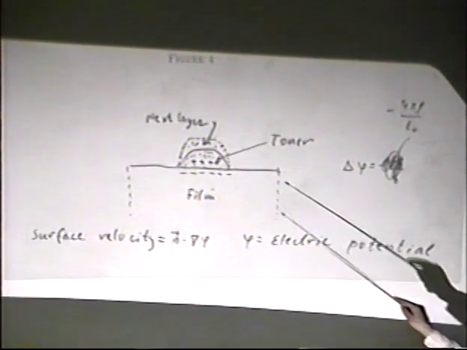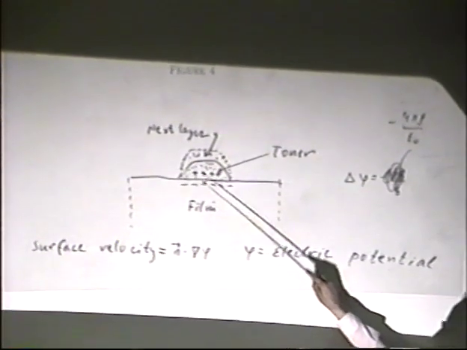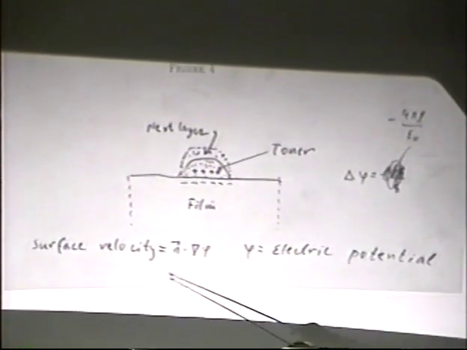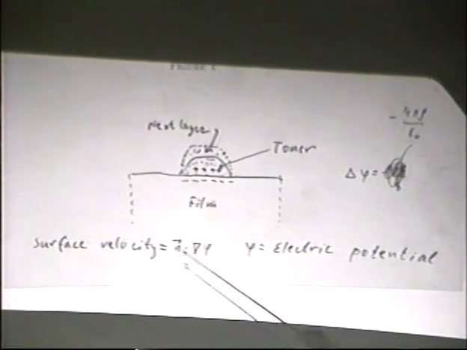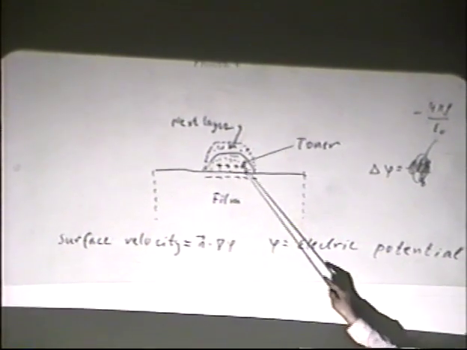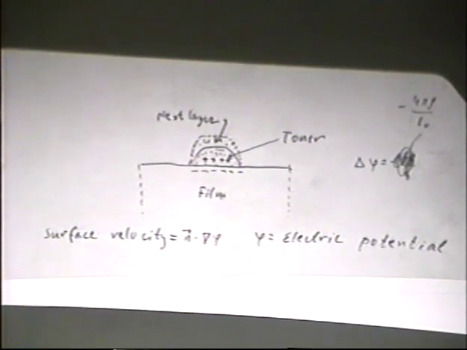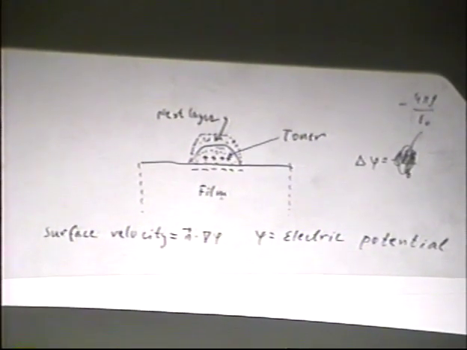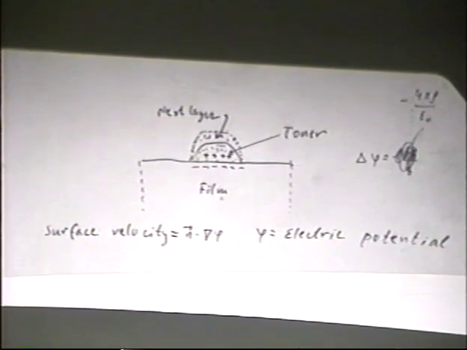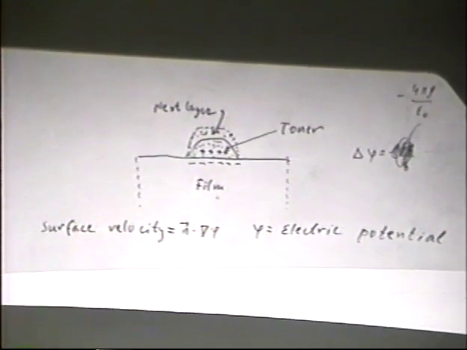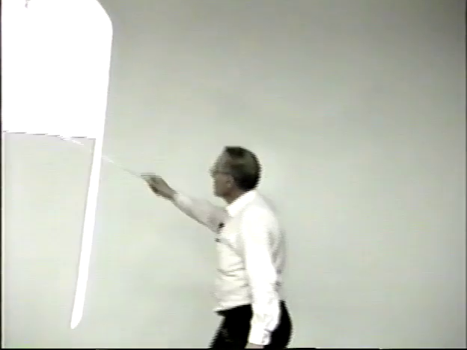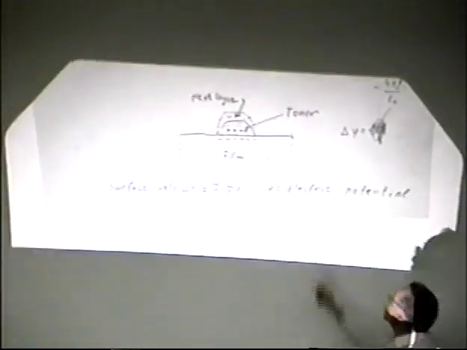And this boundary keeps going according to a formula which says that the surface velocity is equal to the normal vector scalar dot product with the gradient, with the electric field. Electric field keeps pushing or pulling it and filling in this image.